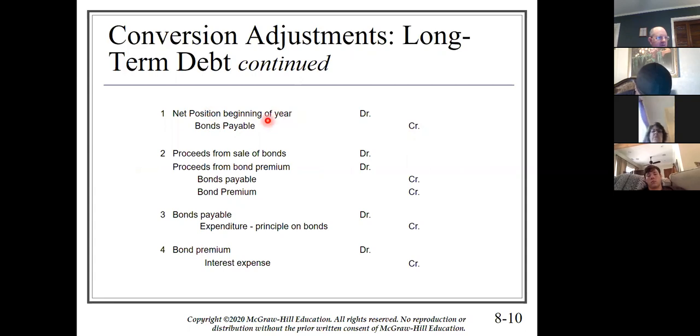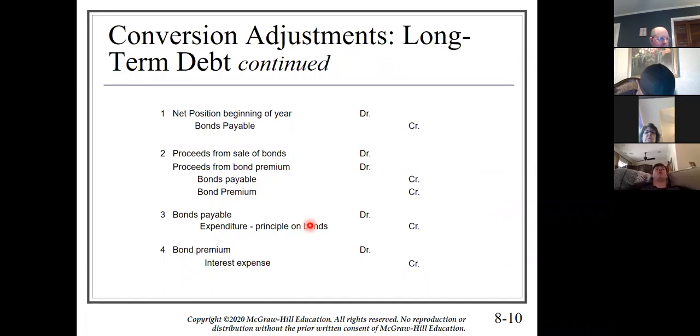Debit net position, credit bonds payable to add back in the bonds. Then if they issued bonds, the proceeds that were in the governmental accounts are debited to get rid of them. And they credit bonds payable and bond premium, or it could be a debit to a bond discount.